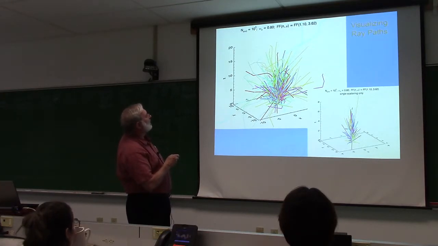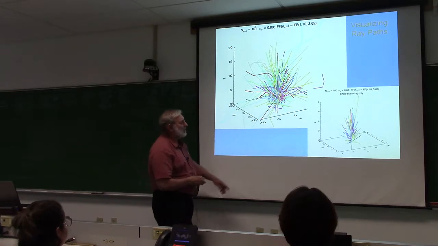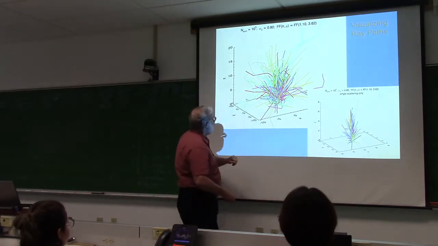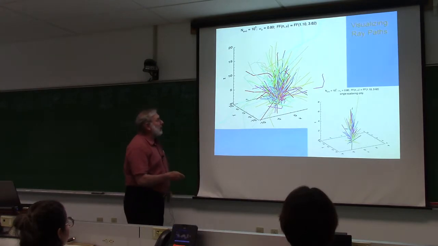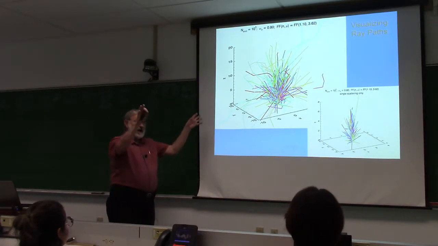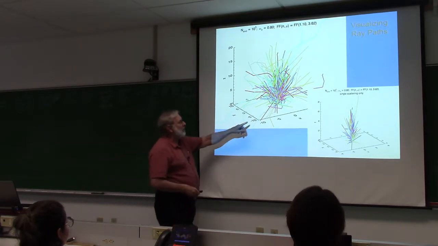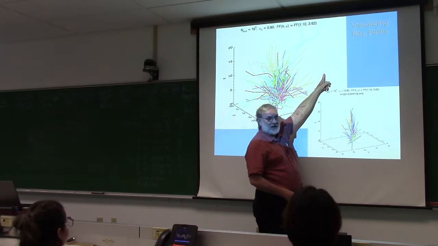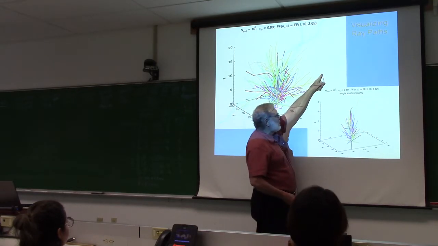Okay, so I've emitted 1,000, omega naught was 0.8, I'm using a Fournier-Forand phase function, and so anyway, these guys start out, and then they start scattering around, and so here's X, Y, and the distance they're going, Z. So you kind of see this big cloud of actual ray paths where you can see there's been a lot of scatterings here, and then finally the weight is less than 10 to the minus 8th or whatever it was.